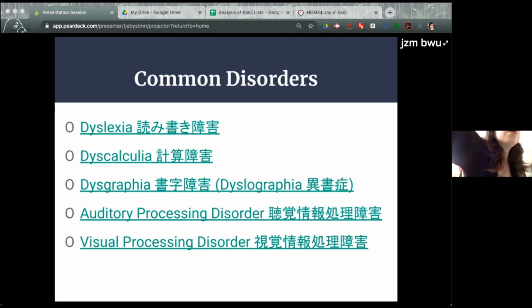So students with an auditory processing disorder would not be helped by a hearing aid or by sitting closer to the instructor. A visual processing disorder is similar in that glasses won't help, larger font may not help. Students have problems with the mental processing of things they see.